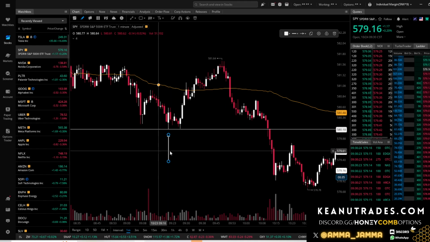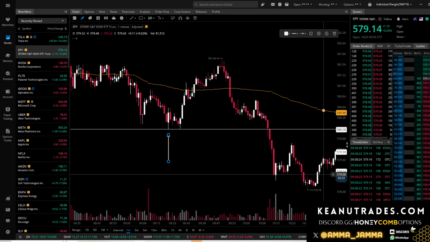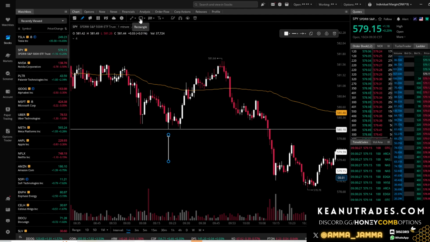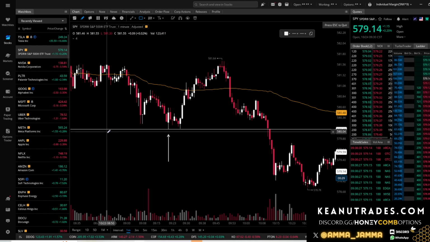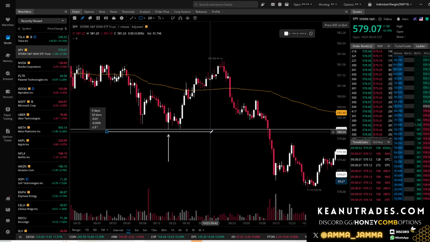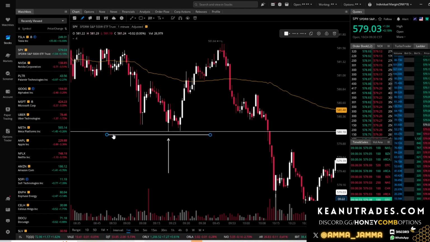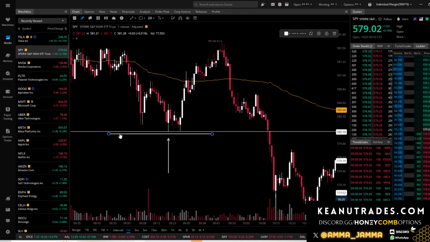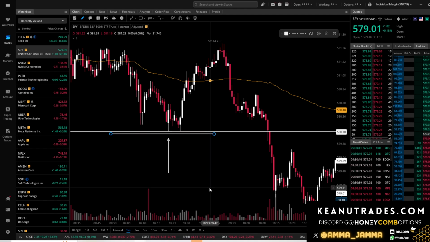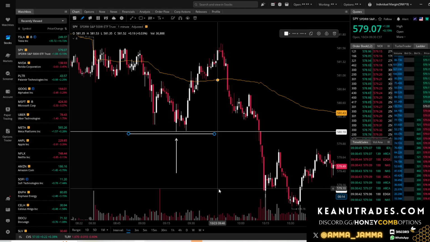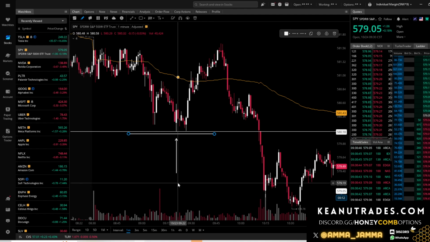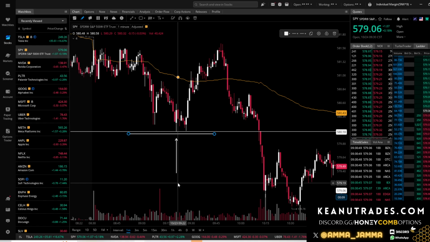But once we establish a low of day, as time ticks on, we start to get orders stacked just below that low of day. When I say just below, I'm talking the penny below, the dollar below the low of day. It's a multi-level tier that happens here.